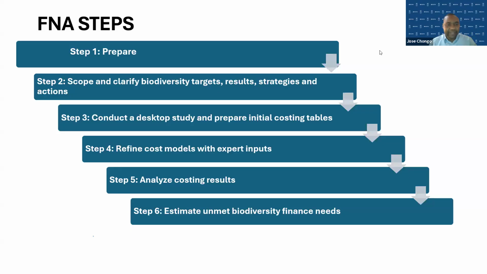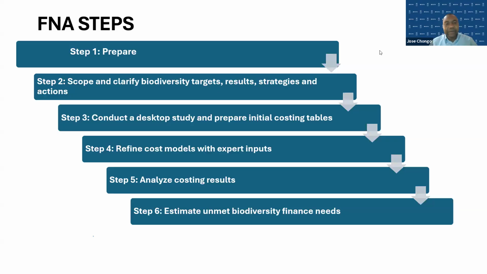And the third step is to conduct a desktop study and prepare initial costing tables. And you go down, refining it through cost modeling and backing it with additional expert inputs in order to make it more valid and acceptable to the wider stakeholders, so that it's not seen as a program or project exercise, but rather fed by multi-stakeholder input.